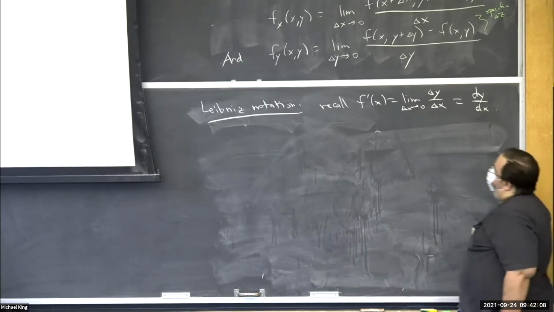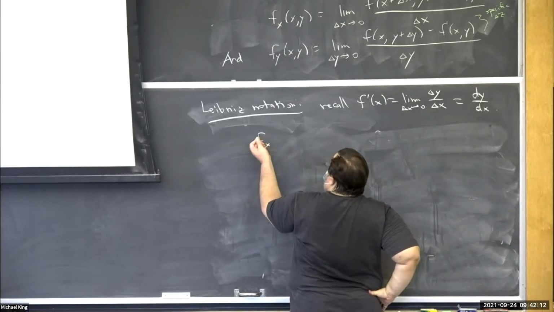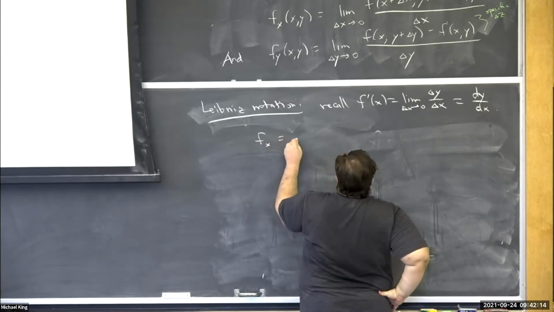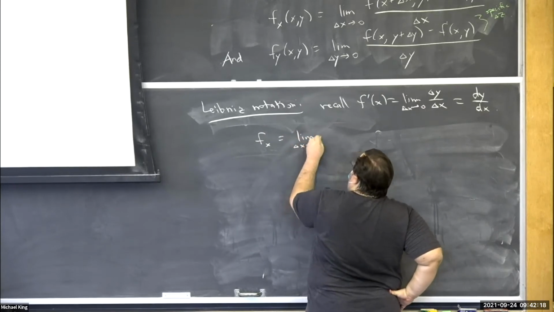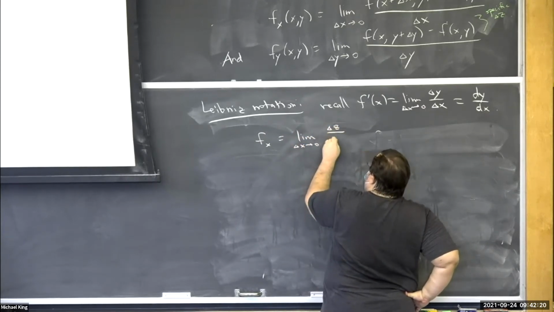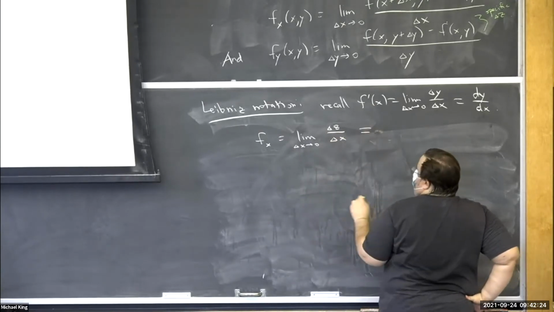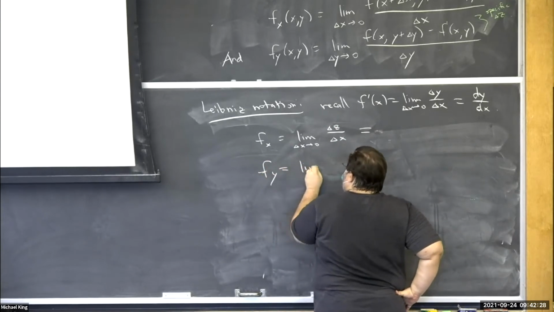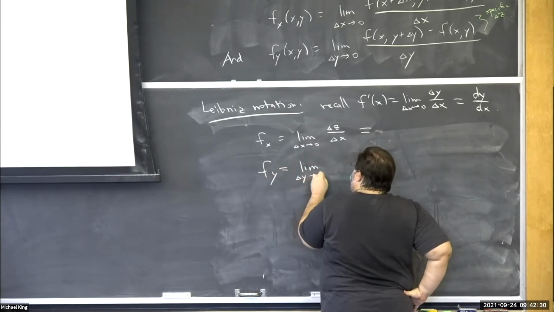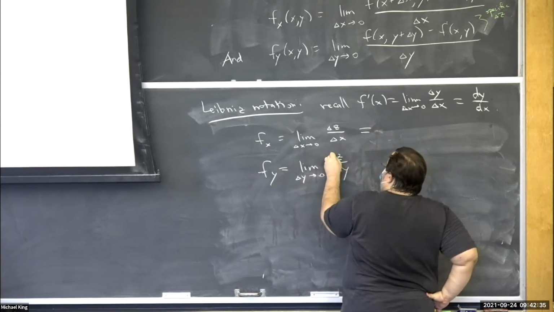So then what we do is f sub x is the limit as delta x goes to 0 of delta z over delta x. Although we write something different here, let me just say both of these. We want to distinguish from the single variable case, and distinguish that this has something to do with the variable mattering.